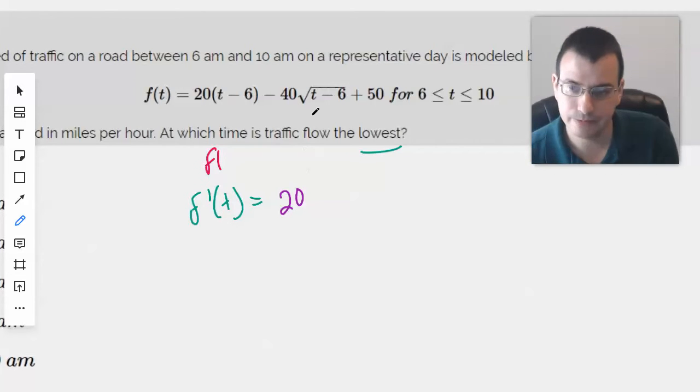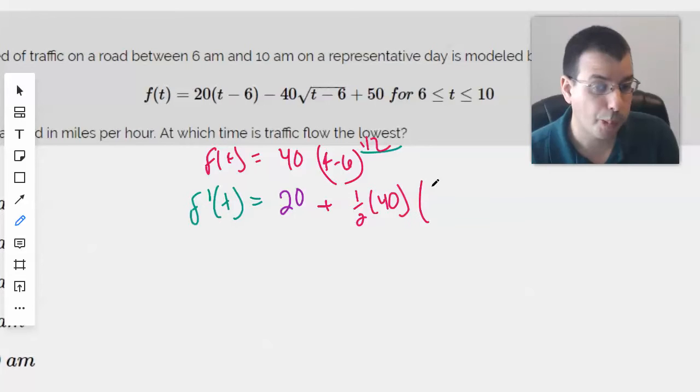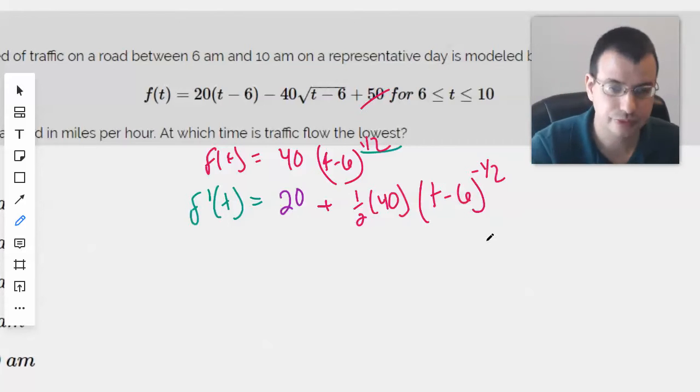I'm going to rewrite this real quick. 40 times t minus 6 to the 1/2. Then we'd add to that 1/2 times 40 times t minus 6 to the negative 1/2. And the 50 goes away.